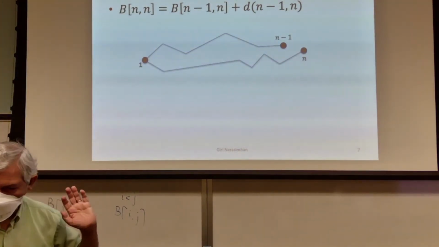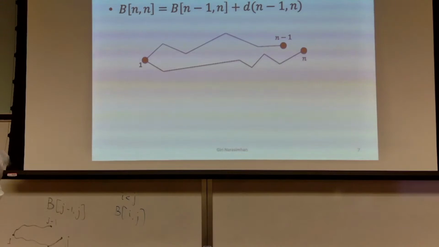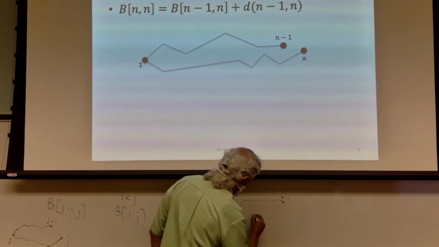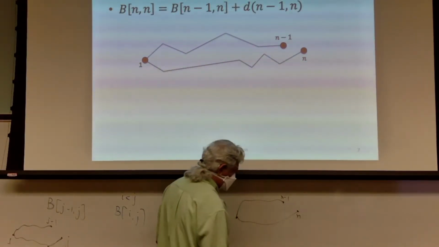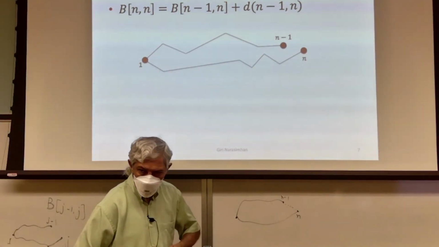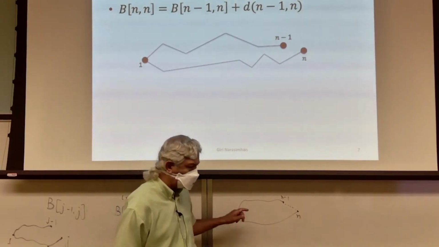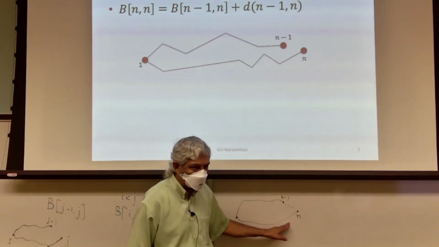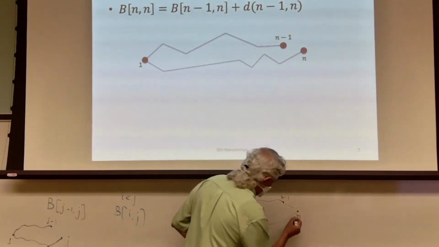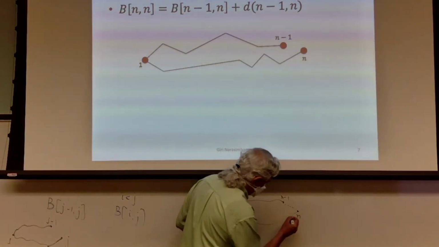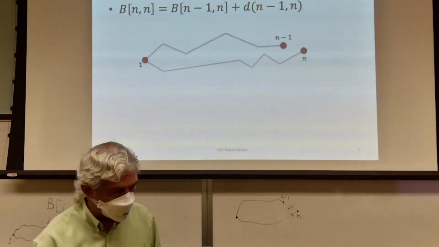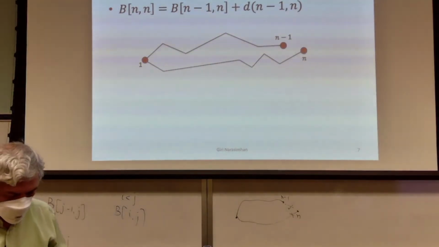So it's a very simple scenario, and so essentially you're saying I have one path that goes to n minus 1, the other path goes to n, and now all I have to do is to add this edge. Now you might wonder what happens if n minus 1 should have been on this path. But then that's actually symmetric, because then if n minus 1 should have been on this path, then I would take this off and add this in, and I would get the other b of n minus 1, n, which is the same as what we wrote down.